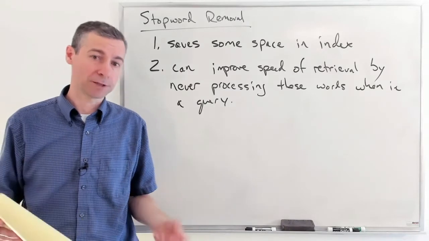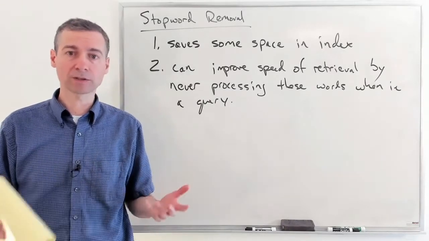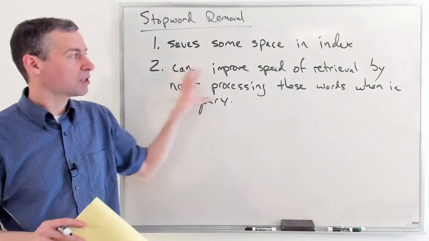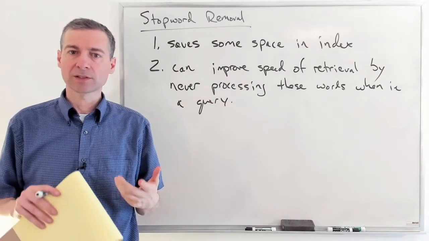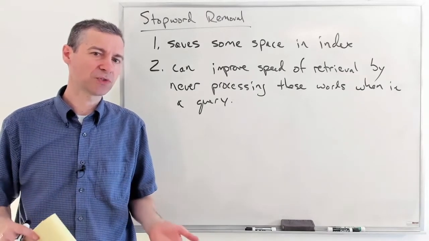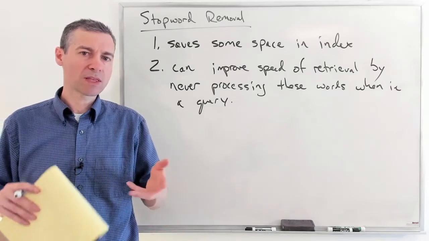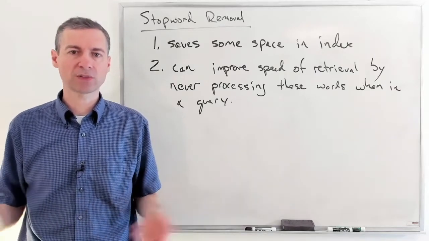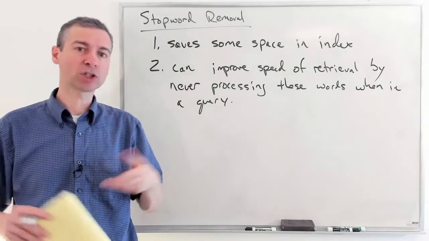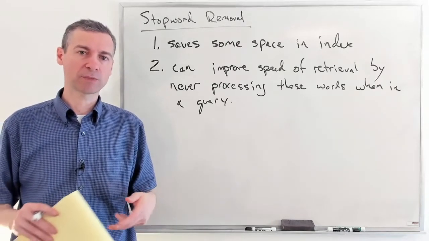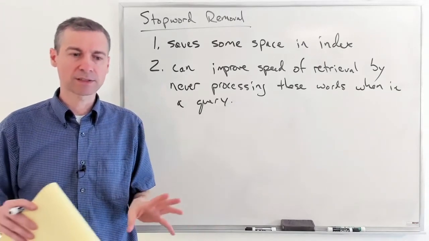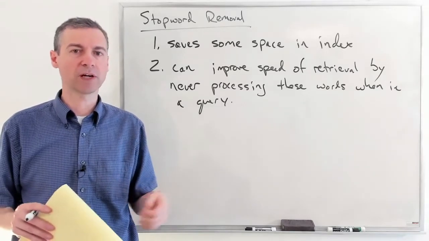Now, that being said, there are algorithms which are smart and wise about, even if you have a word that's highly common, they'll know that it's not very useful. And it may be able to stop processing of such a list of documents based upon that not very useful word earlier than we might expect with a more naive ranking algorithm. So there are techniques to deal with this. We're not going to cover them.